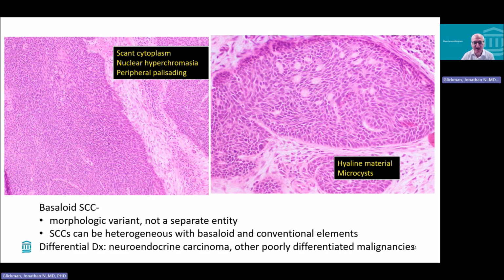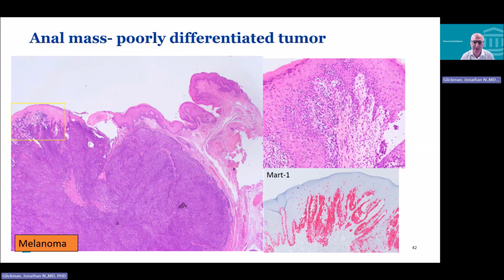But although this used to be considered a distinct entity, it's really just a morphologic variant of squamous cell carcinoma and is usually HPV associated. But in very poorly differentiated examples or in small biopsy material, it can be easy to wonder if this represents a neuroendocrine carcinoma or some other poorly differentiated neoplasm.